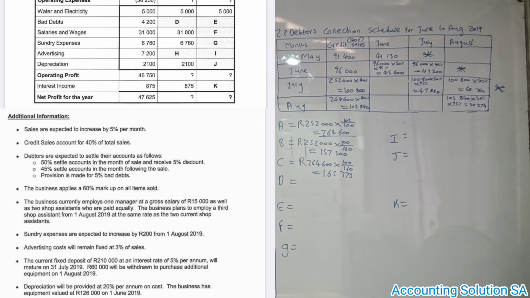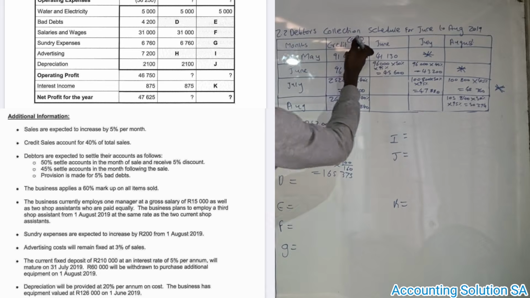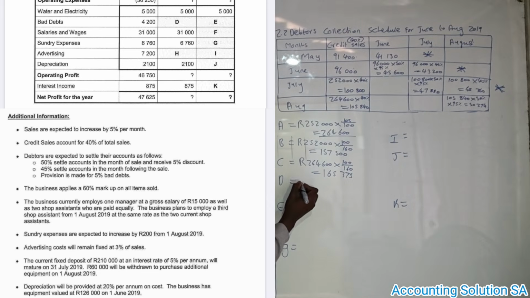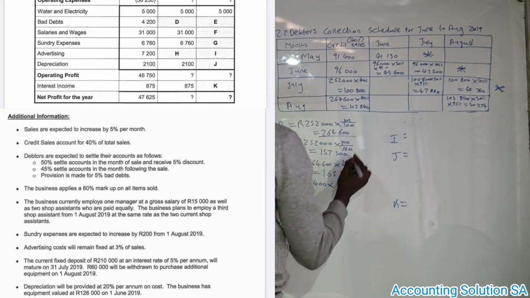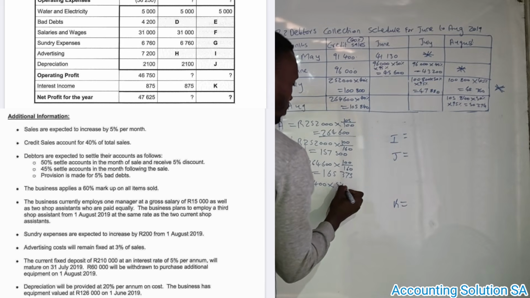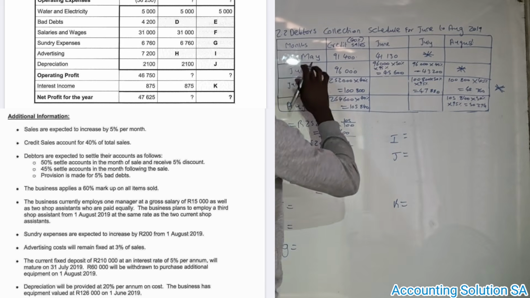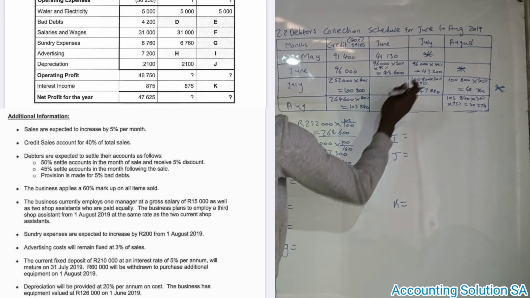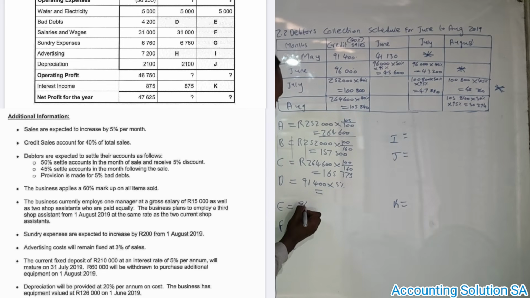Okay, then the next one, they want us to calculate number D, bad debts for July, and number E, bad debts for August. I already showed you this one, guys. 91,400, and we calculate for July, which is 5% bad debts. And for August, we're going to use 96 because it's here, bad debts. 96,000 multiplied by 5%.